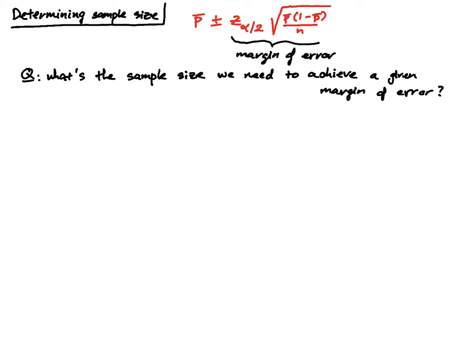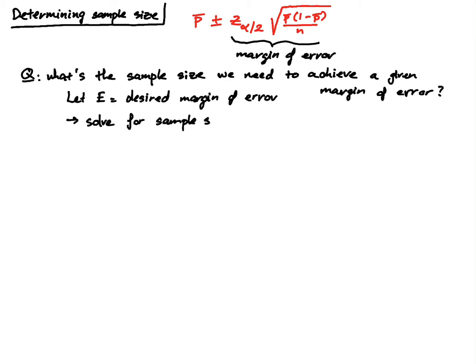So first, let E be the desired margin of error. Our goal is to be able to solve for the sample size n, right? And we do this by setting E equal to the margin of error.